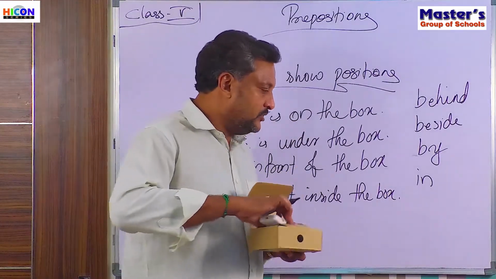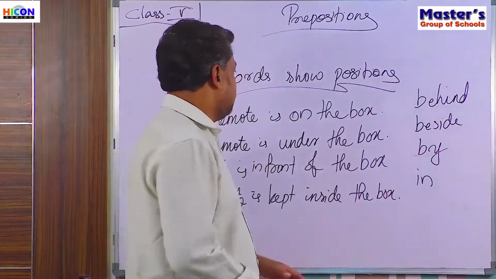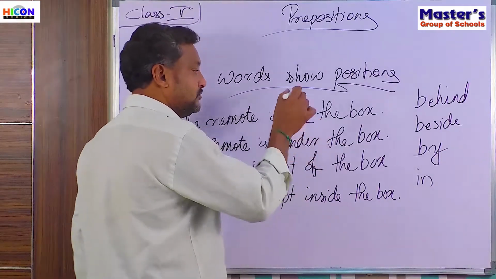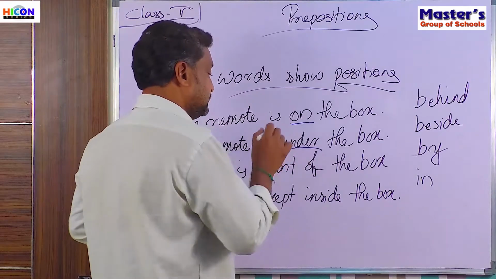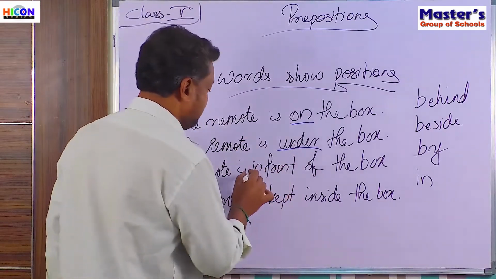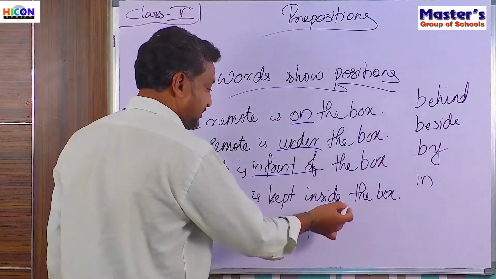Now let us check these words over here. On is showing the position. Under is showing the position. In front of is another word that shows the position.